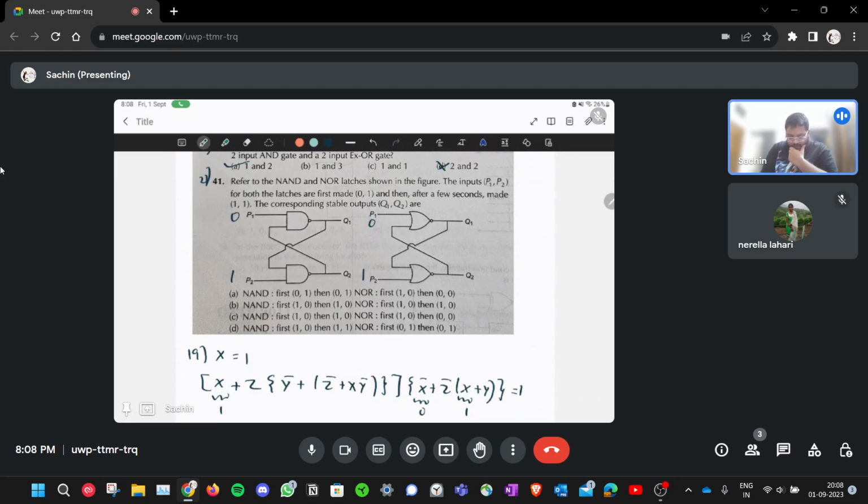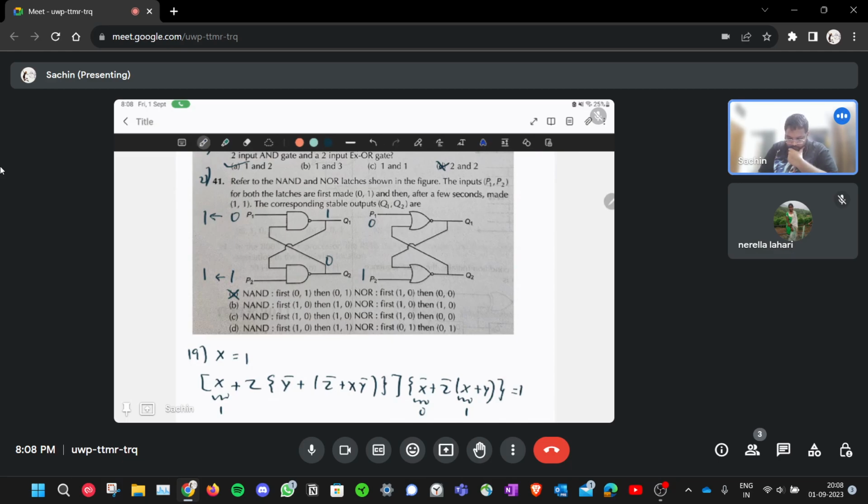The output of the NAND gate will be 1 and the Q2 will be 1 and 1 whole bar, which will be 0. So it's initially at 1, 0. After a few seconds, this is made 1, 1. So this will be made 1, this will be made 1. So you can see for the NAND gate, first you have 1, 0. So it can't be option A because option A says that NAND gate first has 0, 1. That's not true.